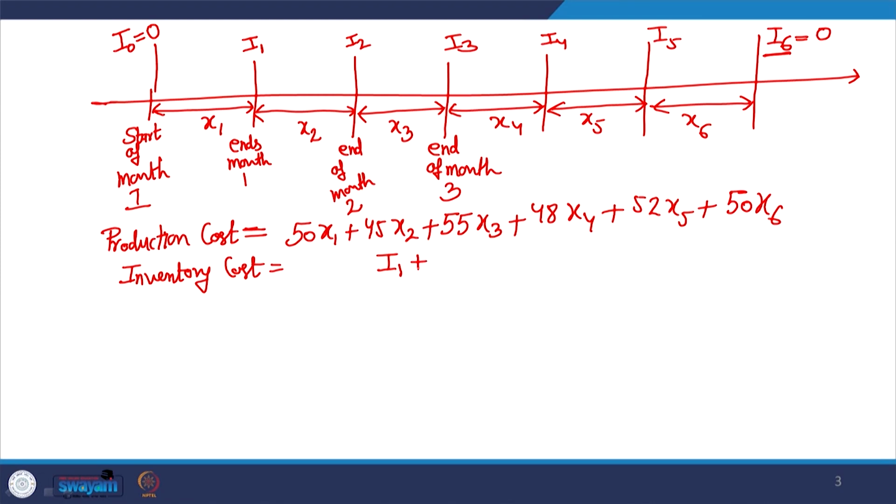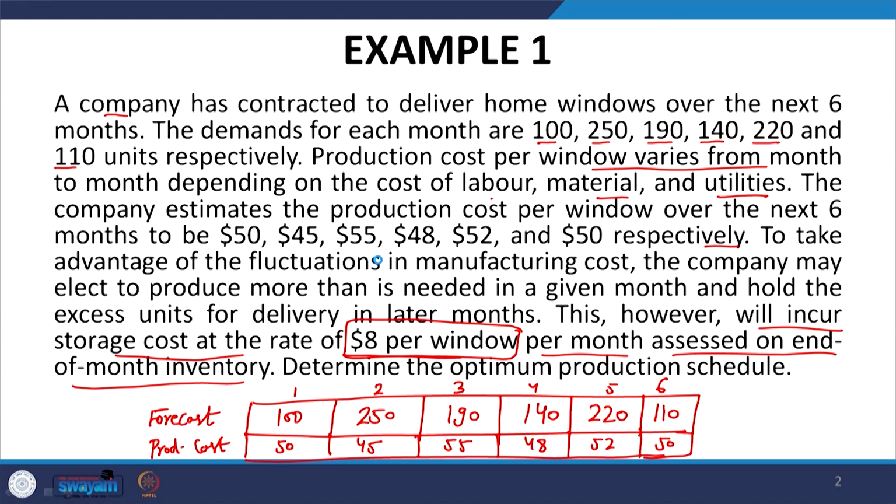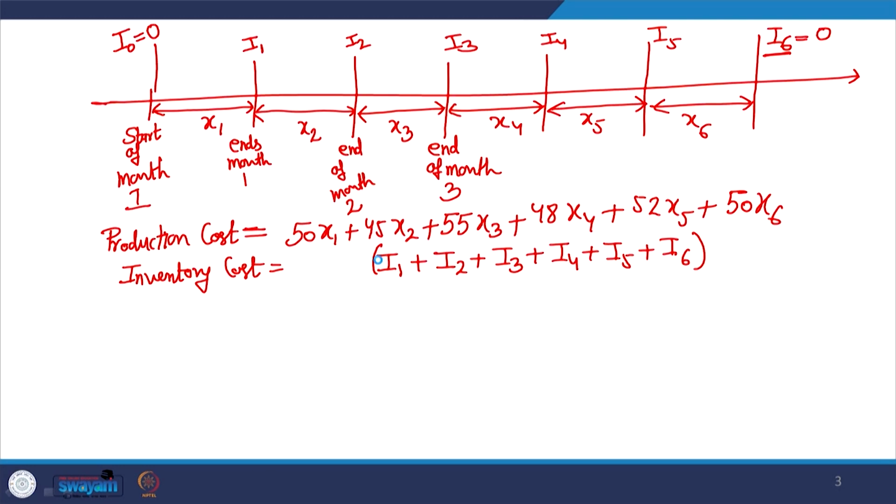At the end of the first period I have I1, at the end of second I2, end of third I3, end of fourth I4, end of fifth I5, end of sixth I6, though I6 is 0, and the rate at which I am paying the inventory holding cost is $8 per unit per month. So this is multiplied by 8. This is my inventory cost.